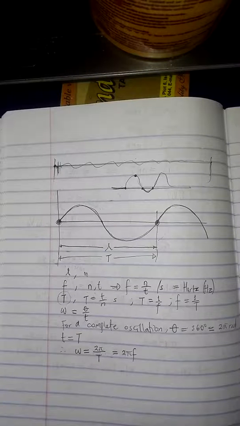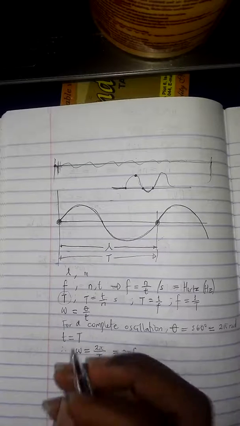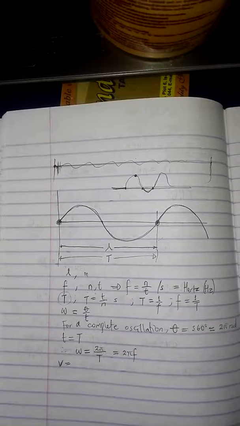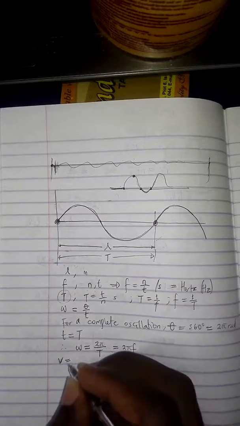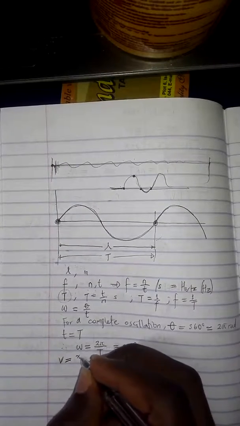The next thing is to talk about the velocity. This one is linear velocity, not angular velocity. Velocity is total displacement over the total time taken. In this case it is total linear displacement, so we can call it x.